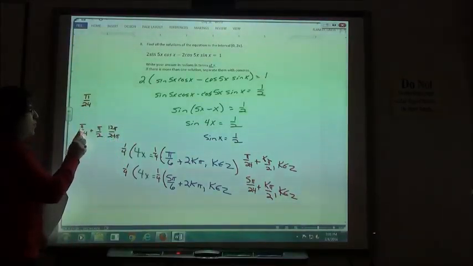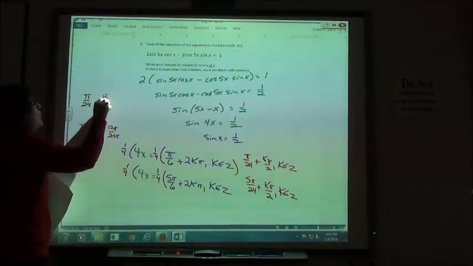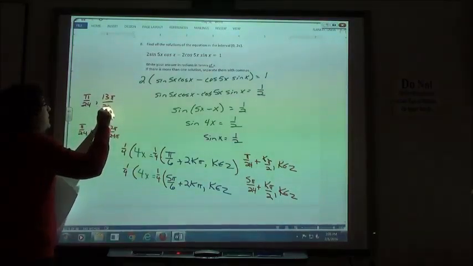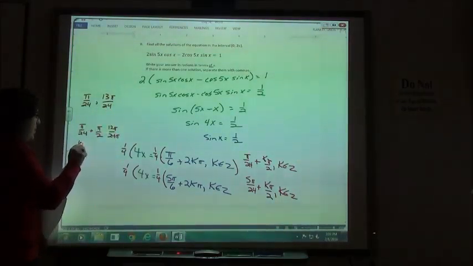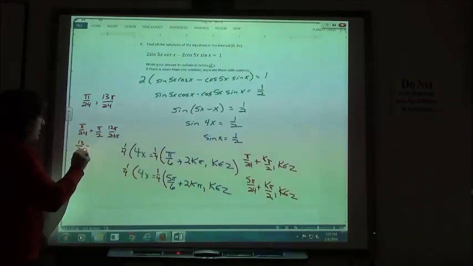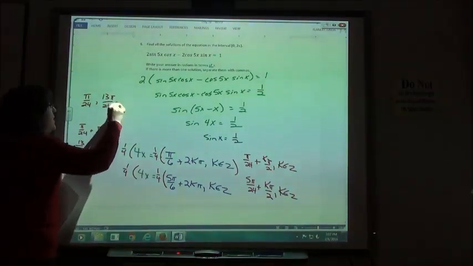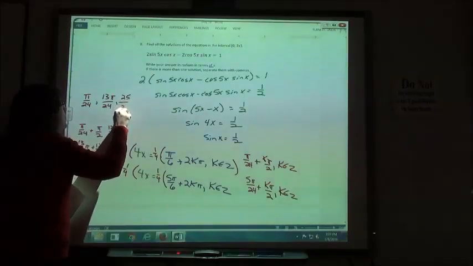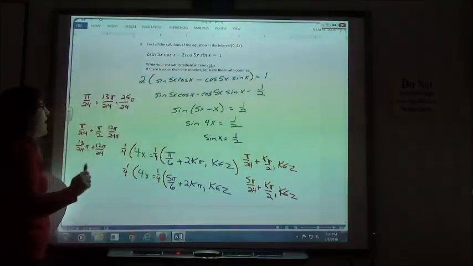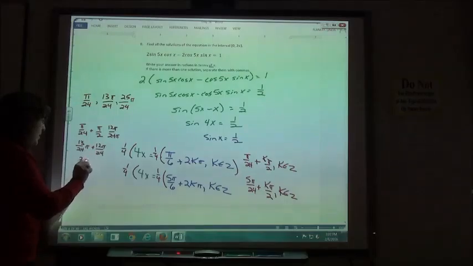So 1 24th plus 12 24ths would be 13 24ths. So I'm going to take my 13 24ths plus 12 24ths again, which gives me 25 24ths. So 25 pi over 24.